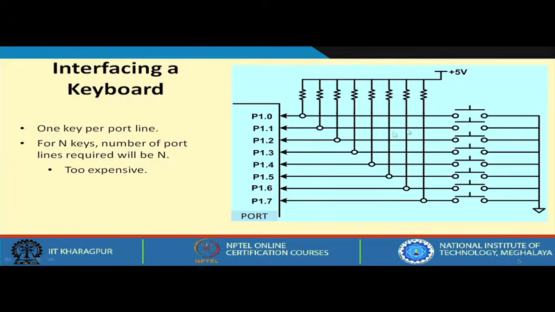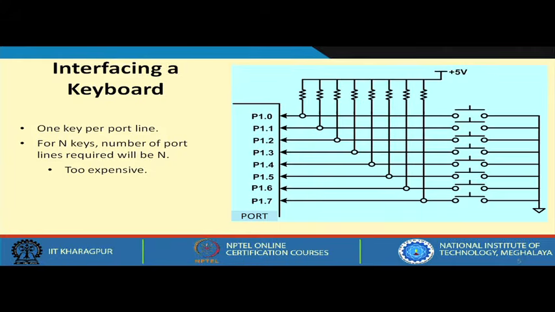And I will be needing one line for every switch, so there will be n number of lines also. This is too expensive to use and to lay out, okay. That is why people do not use this. Although it is very simple, the way you check whether a key is pressed or not is very easy, because of the complexity of wiring, people do not use this.